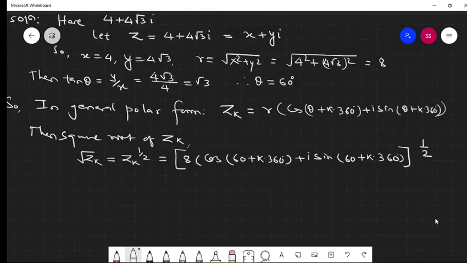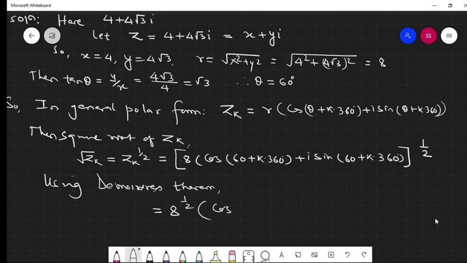Now, using de Moivre's theorem, this is 8 to the power 1 by 2, r to the power 1 by 2, and cos n theta, where n is 1 by 2, so cos of (60 plus k times 360) by 2, plus i sin of (60 plus k times 360) by 2.